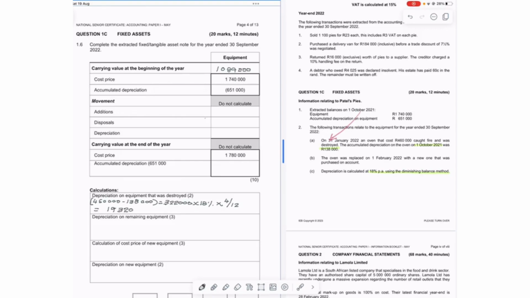Now we can go and complete the disposals. The disposals are at carrying value. So we've got our cost price. There's your depreciation to the beginning of the year, and then there's your depreciation for the current year. So disposals at carrying value will be 460,000 minus the 138,000 minus the 19,320.